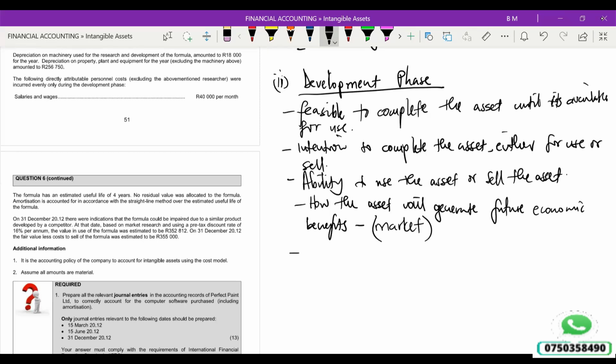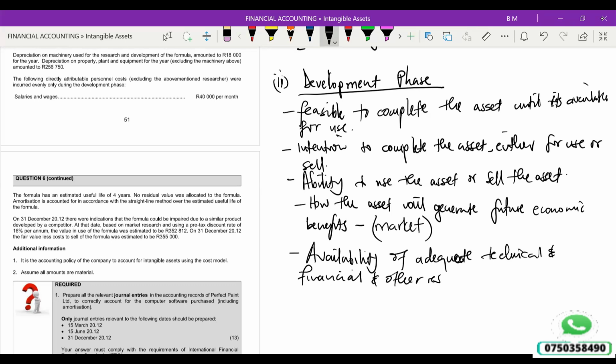And also we need to talk about the availability of adequate technical and financial and other resources to complete the development of the intangible asset.